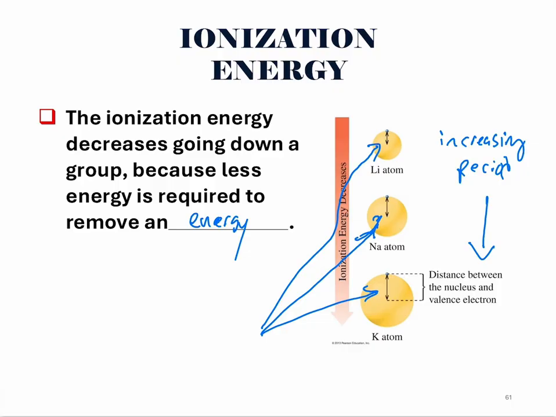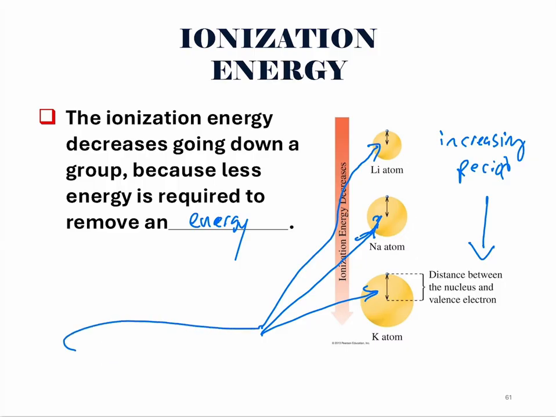As it gets farther away, it's not as attracted to the nucleus anymore. Just as with two magnets, you start to bring them closer, you feel them a little bit, and they get close to each other and snap together. The attraction gets stronger the closer it is. It's the same thing for an electron and nucleus. So if the atom is larger, it becomes easier to remove that outermost electron.